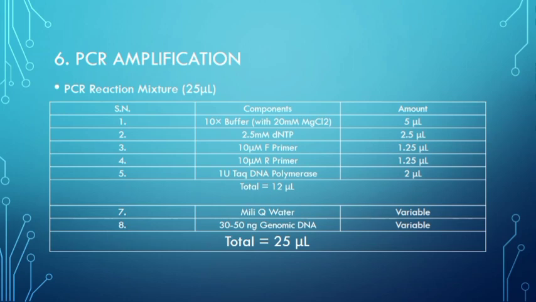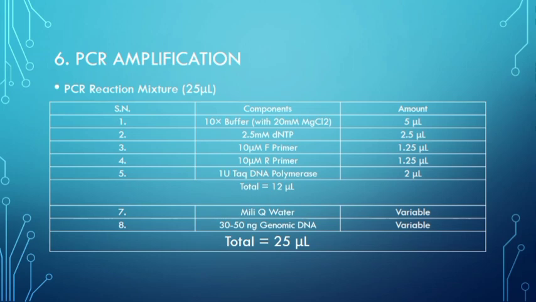If you have enough of your extracted DNA, and your PCR amplification is very good, with annealing temperature etc. and you are not getting failures, you can just go for 25 microliters.